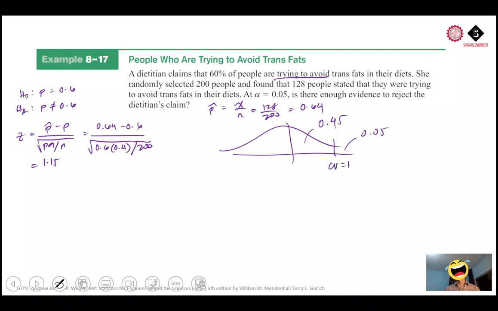So this is 1.64, and this is 1.15 for the z-score. Therefore, there's not enough evidence. Accept the null hypothesis.